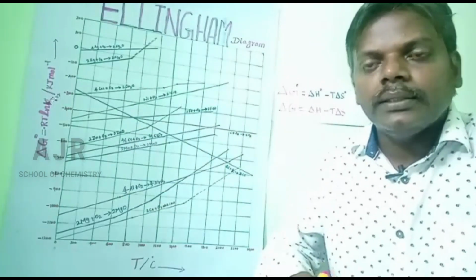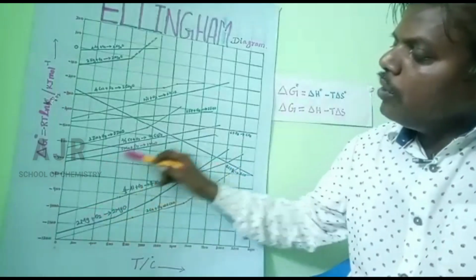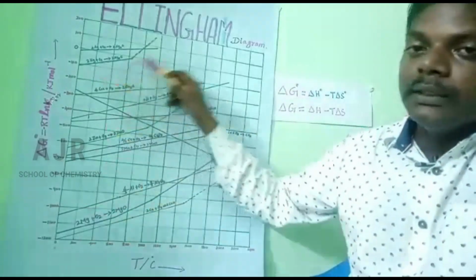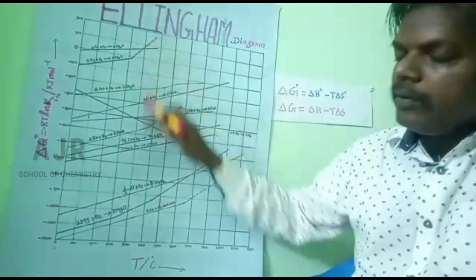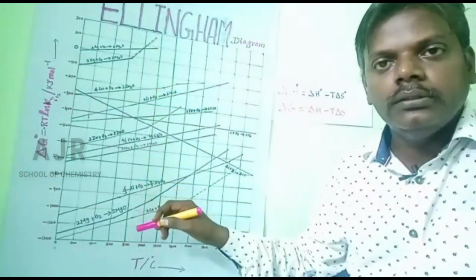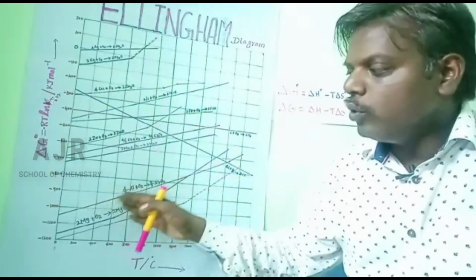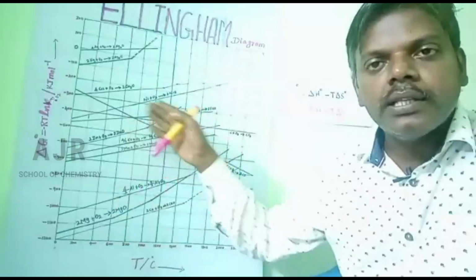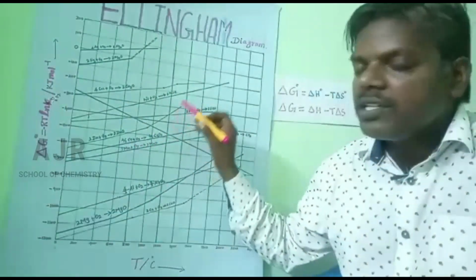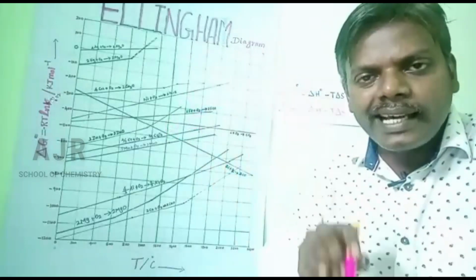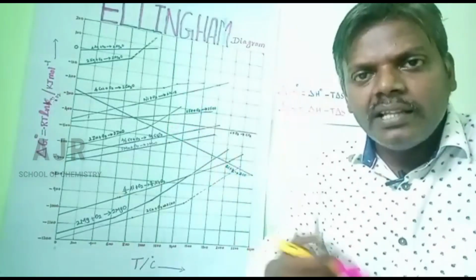Observation number 1. Look at the graphs, which are all going in an upward manner. For most of the metal oxide formation, the slope is positive. This is because during the formation of the metal oxide, oxygen is consumed, which results in a decrease in randomness.